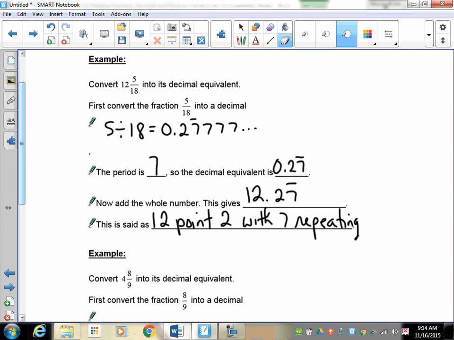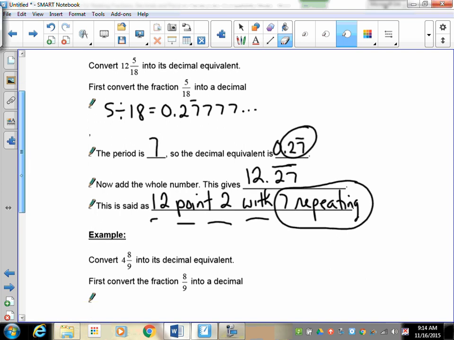Now, originally I just said 12.27 repeating. You've got to be careful, because is 27 repeating this, or is it this? You've got to be very clear with it. So that's why I corrected myself and said it's 12.2 with the repeating portion right there. All right, 4.89. You try that one.